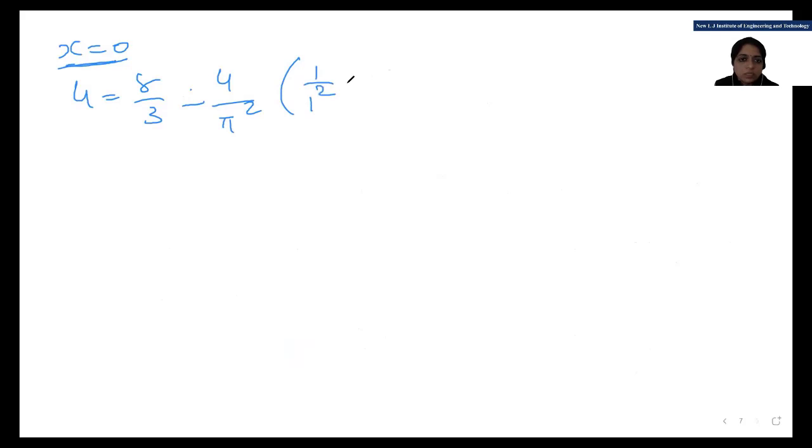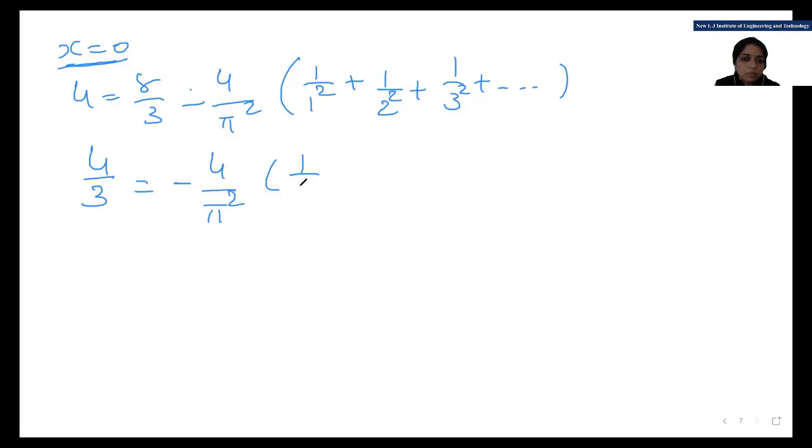So 1 upon 1 square, here 1 upon 2 square, 1 upon 3 square, like that. So after simplifying, 4 minus 8 by 3, so that is 4 3s are 12, 12 minus 8, so 4 by 3 is equal to minus 4 upon pi square, 1 upon 1 square plus 1 upon 2 square plus 1 upon 3 square plus up to so on.